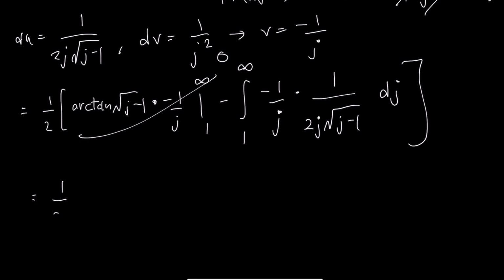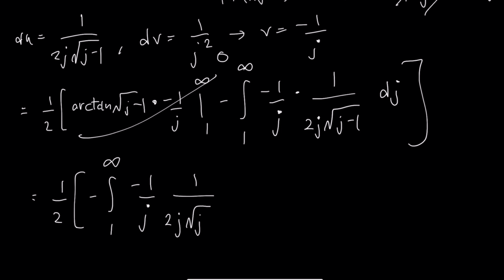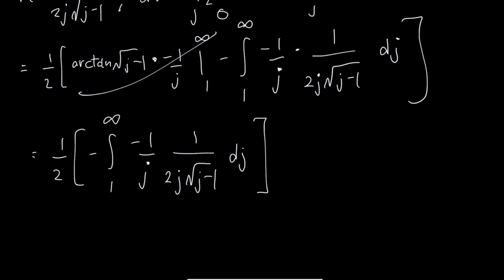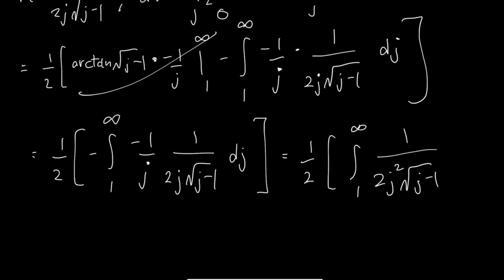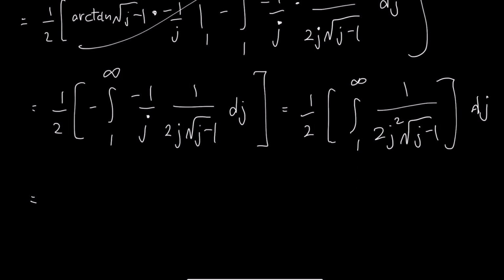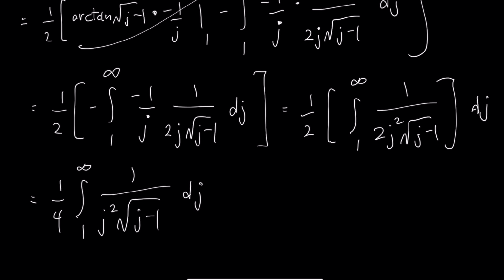So we have 1/2 negative the integral from 1 to infinity of minus 1 over j times 1 over 2j times square root of j minus 1 dj. And the negative and negative will make a positive. 1/2 the integral from 1 to infinity of 1 over 2j squared times square root of j minus 1 dj. We could bring down the 1/2, so we have 1/4 the integral from 1 to infinity of 1 over j squared times square root of j minus 1 dj.